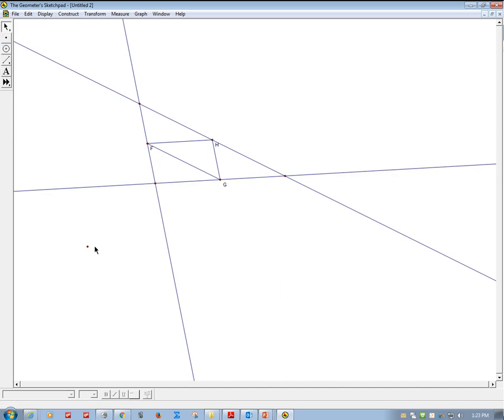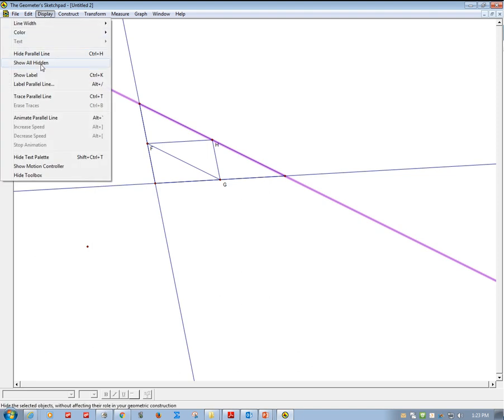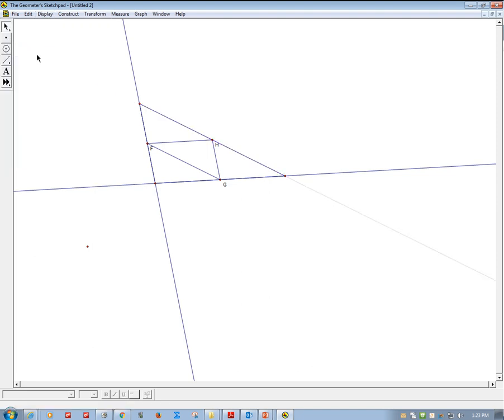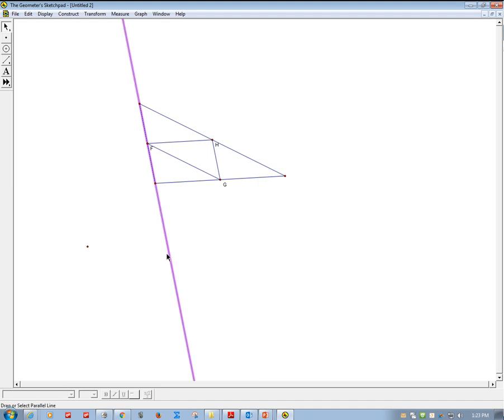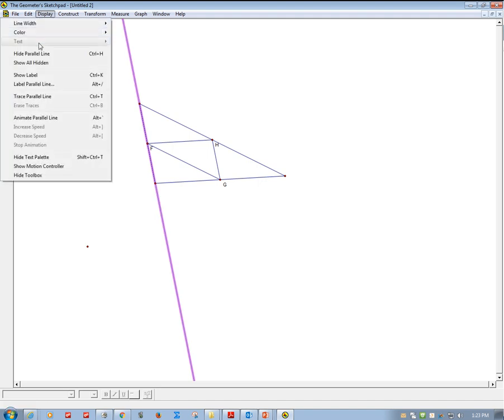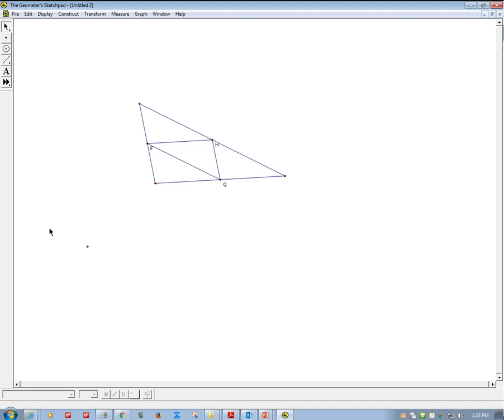Okay, good. I'll just hide all these lines there. There we go. Does that make sense?